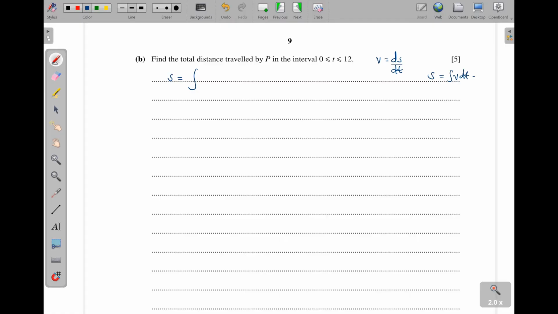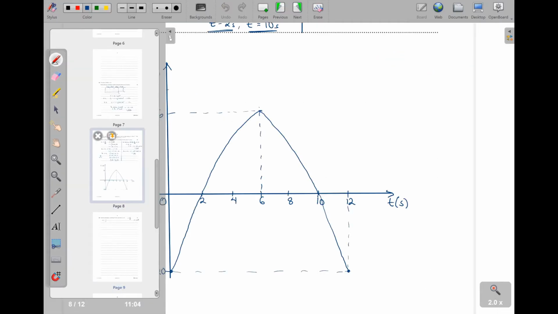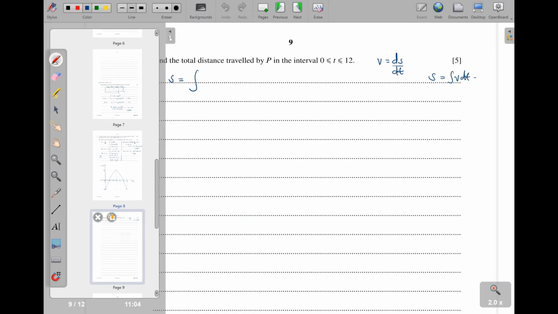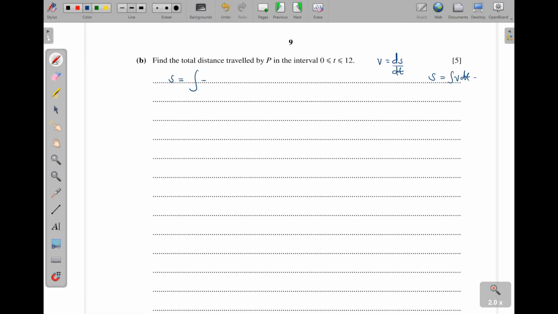The expression for velocity is negative t squared plus 12t minus 20.